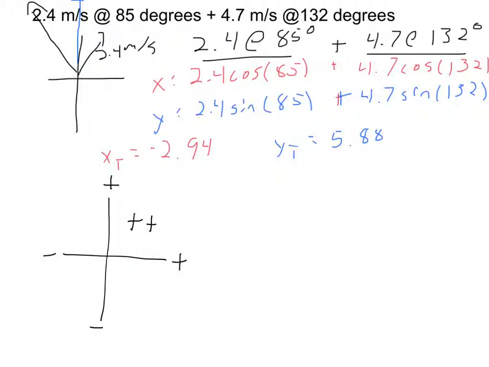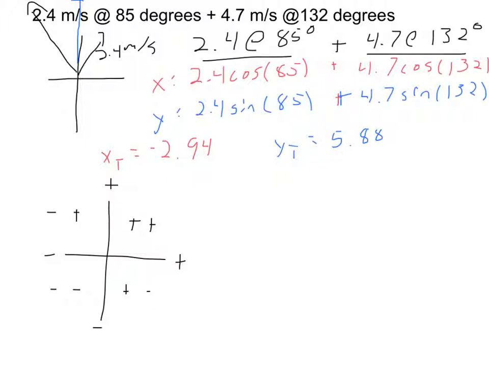Quadrant 2 would be a negative x and a positive y. Quadrant 3, both are negative. Quadrant 4, you have positive x, negative y. So the x component of the resultant vector is negative here, and the y component is positive.